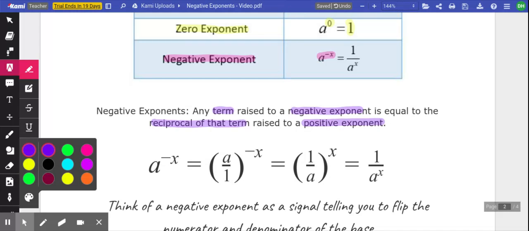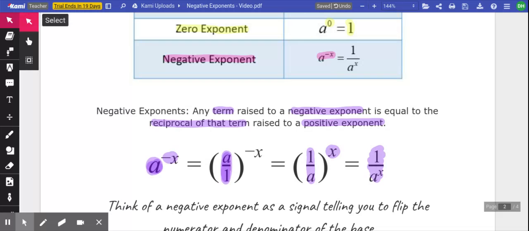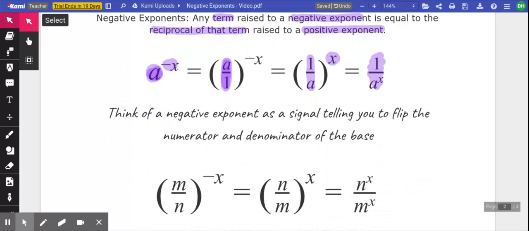Right out of the gates, here's a term or a base, and it's raised to a negative exponent. First of all, visualize that base as a fraction. In this case, the base wasn't a fraction, but I can visualize it as one. All we're going to do is reciprocate that base, and now the exponent is positive. The moment we reciprocate that base, that exponent becomes positive and we are golden.